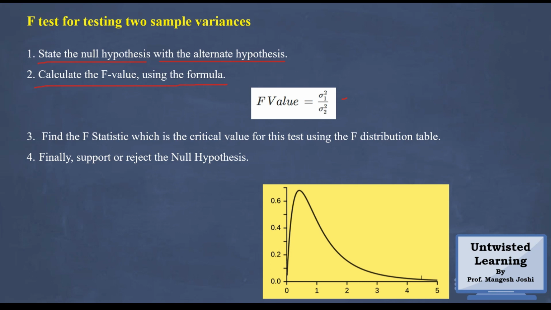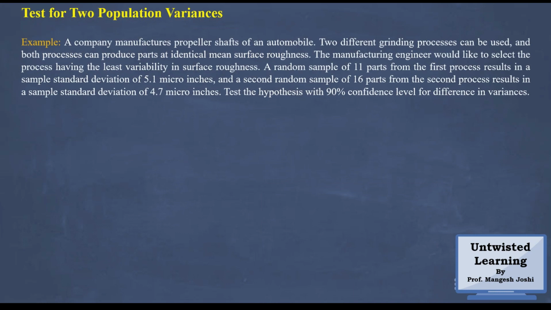So this is the F distribution curve. Let us understand this with the help of an example. A company manufactures propeller shafts of an automobile. Two different grinding processes can be used and both processes can produce parts at identical mean surface roughness. The manufacturing engineer would like to select the process having the least variability in surface roughness.